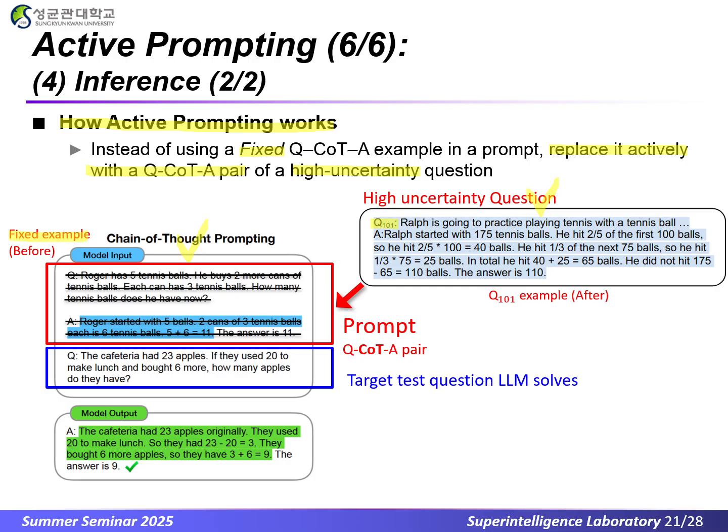At inference time, the model sees this high-uncertainty Q101 COT example first, then the new test question. It follows the same reasoning chain and yields more reliable answers. This targeted replacement focuses the model on its blind spots, boosting both accuracy and consistency with very few examples.